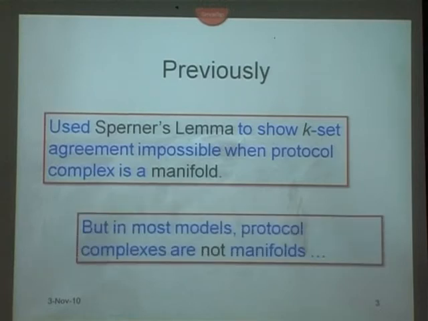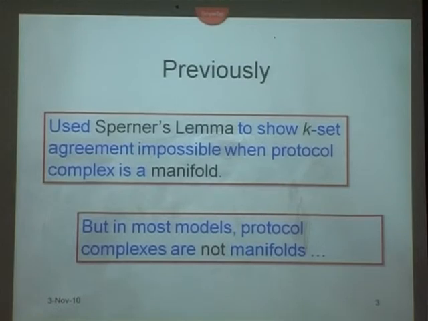Now, unfortunately, the real world is a cruel place. And it turns out that for most of the models of interest, the protocol complexes are not manifolds. So we're going to need more powerful techniques to talk about those. But we're going to use the same tools that we use with manifolds, only in a slightly more sophisticated way.